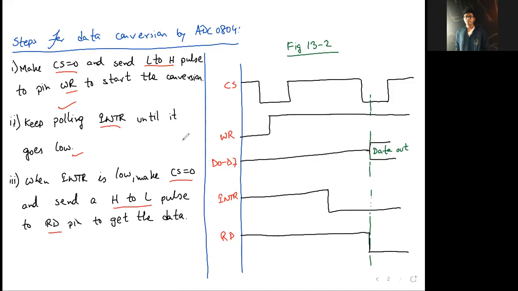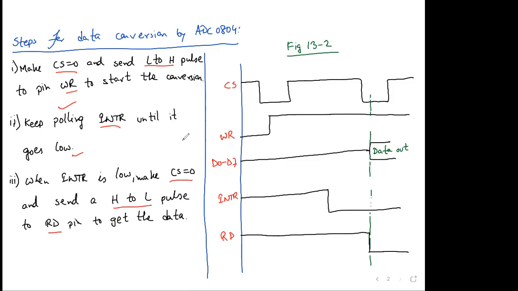Anyone else? Any other question? Why do we need the CS pin? Because there is no other chip in the IC. Which pin? The chip select pin. Why do we need the chip select pin? That pin is responsible for powering up this ADC 0804.